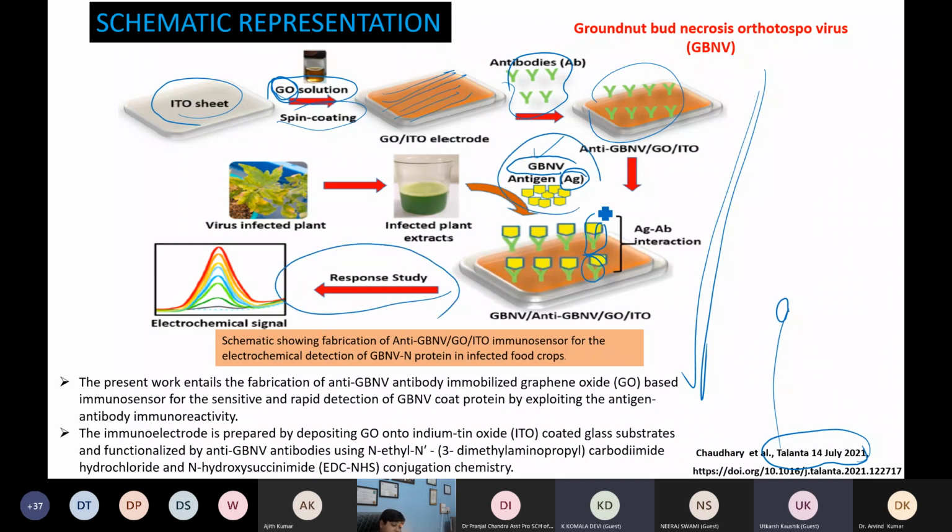This antigen is coming from the infected plant extract; just drop it onto the surface of this chip sensor, and then you will get a readout signal. That's an electrochemical signal, as I mentioned earlier also. So this is the fabrication from where you can extract the virus directly. Otherwise, you can go with ELISA or any other molecular biology technique. You can just complement the data again and again.